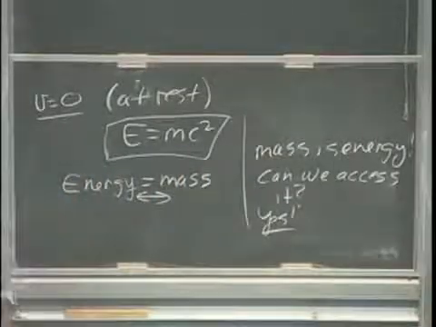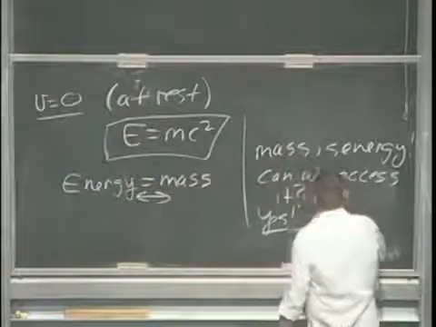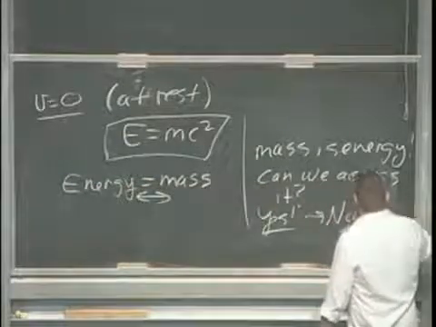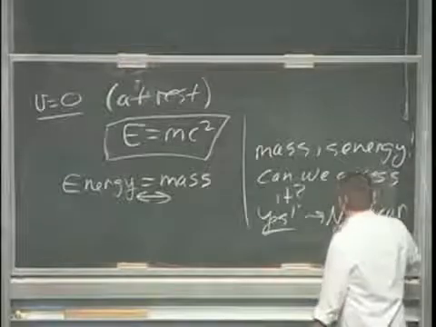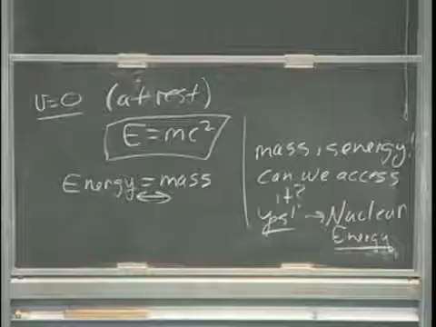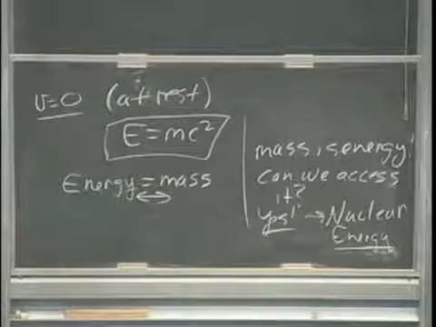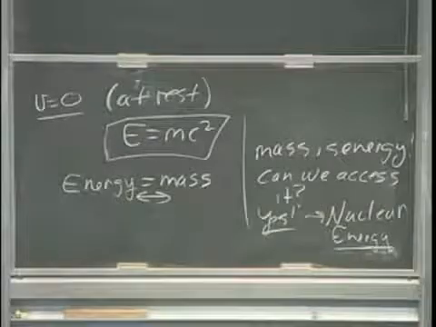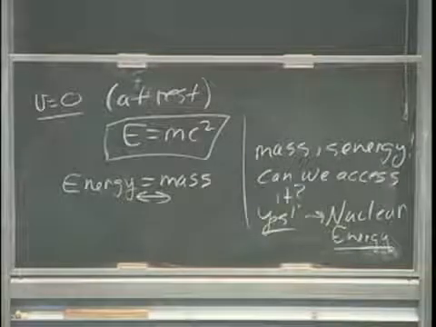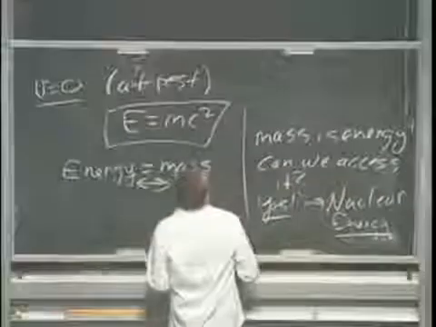The sun shining comes from the conversion of mass to energy. And on Earth, we can access it through nuclear reactions, the creation of nuclear energy. So nuclear energy, which we will talk about later in the semester, is the direct conversion of mass into energy that we can use to convert to other forms, usually heat. Very odd prediction.